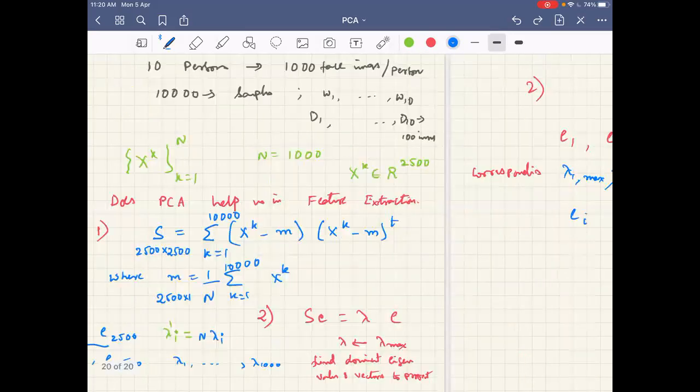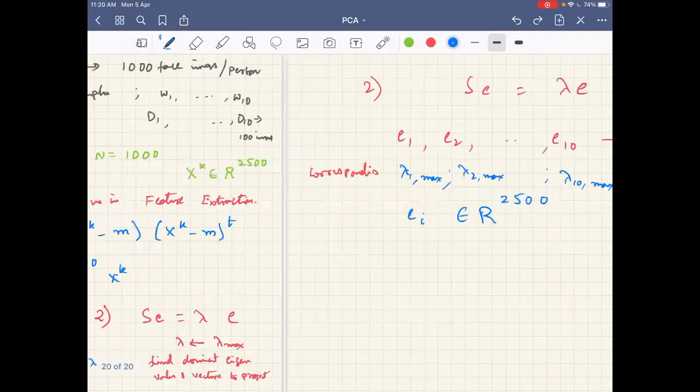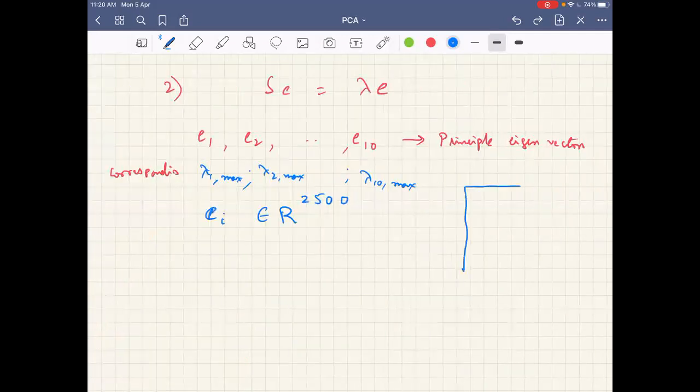Can I restructure it to look like a matrix? If I make the dimension 50 cross 50, this is referred to as a principal eigenvector or eigenface image.